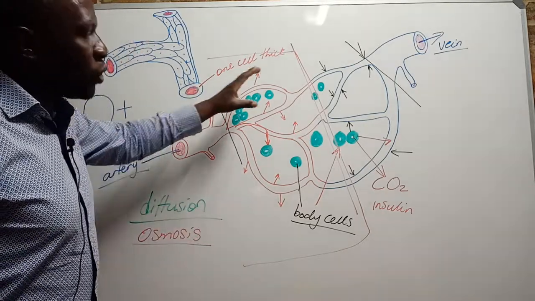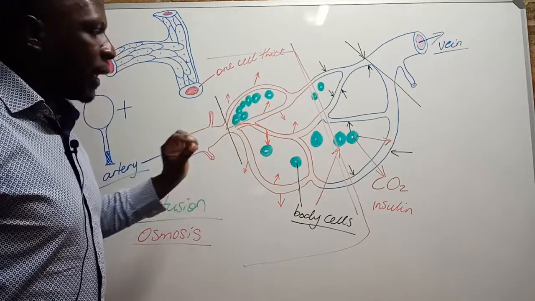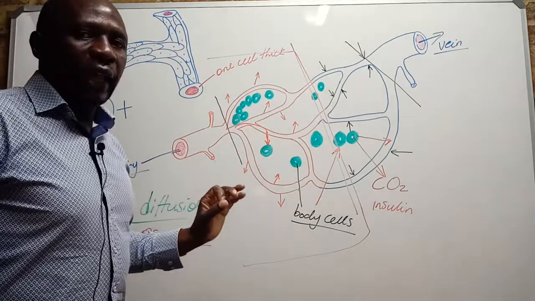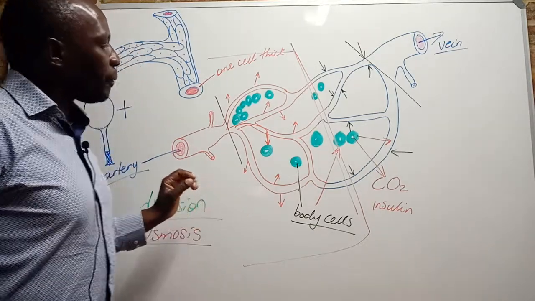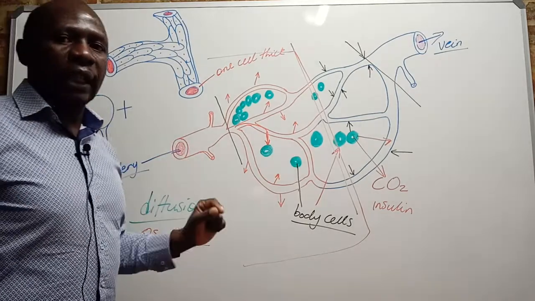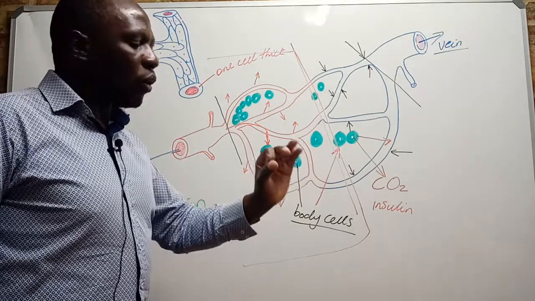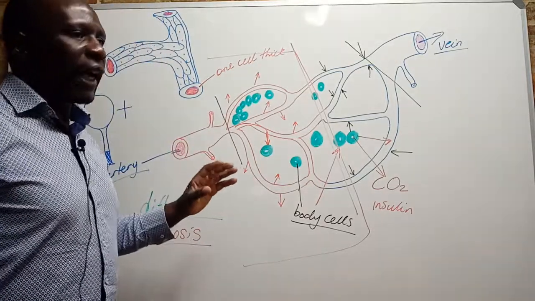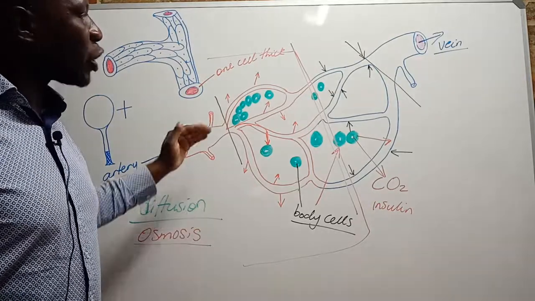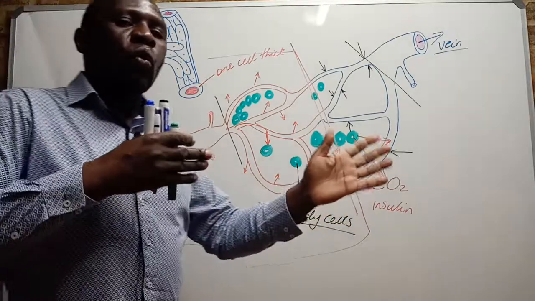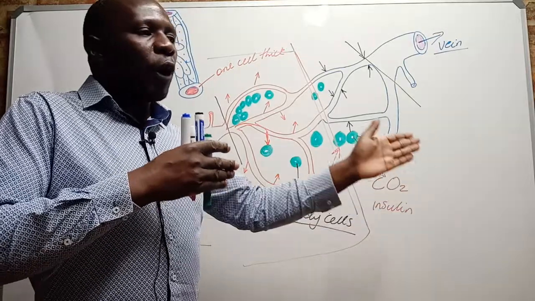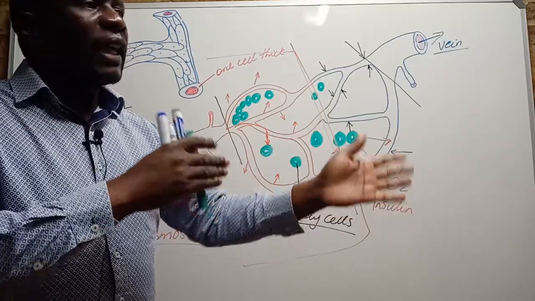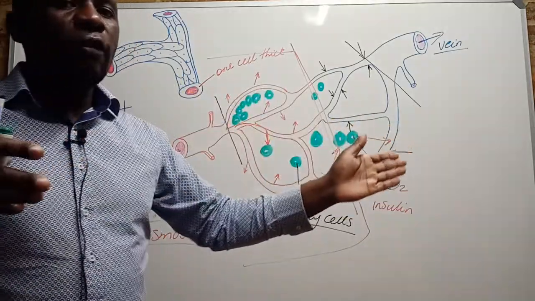The thickness of the walls of our capillaries only allows one red blood cell through at a time. So this forces the red blood cells to pass through the capillary veins in one line. When they are passing through the capillary veins, they actually make a single file formation.